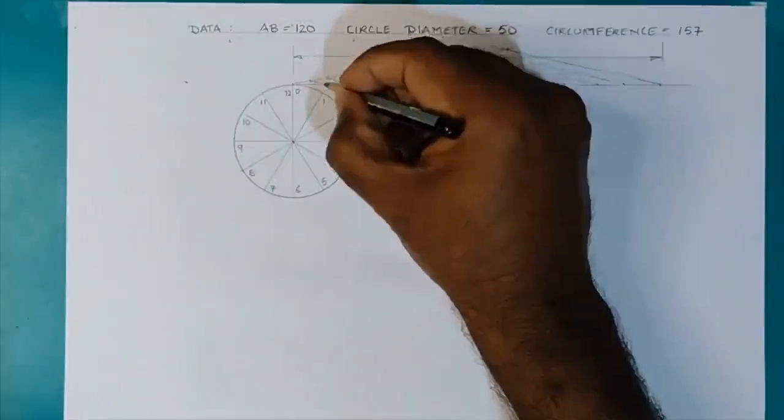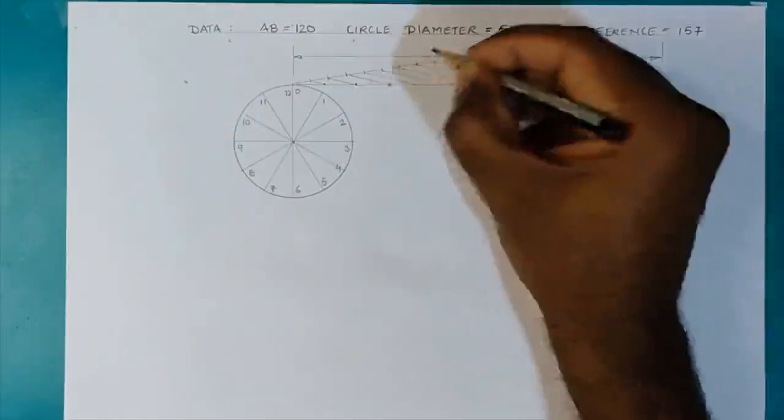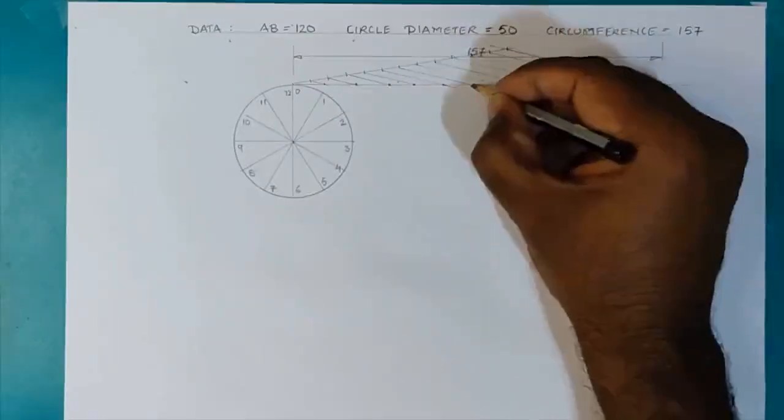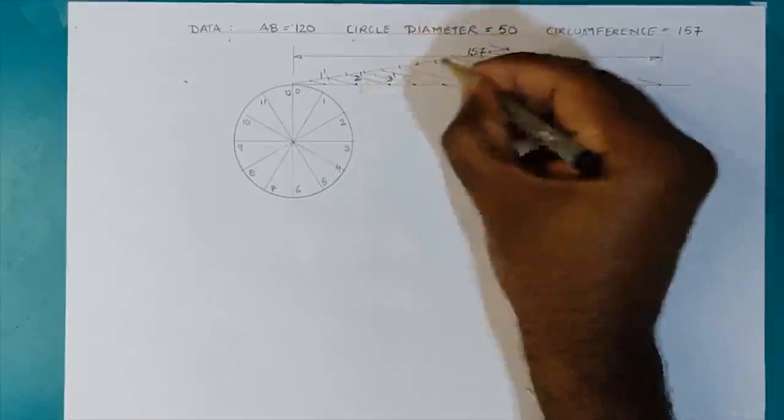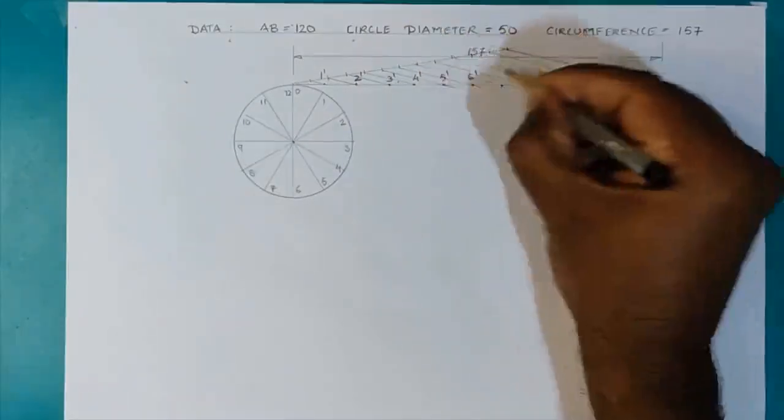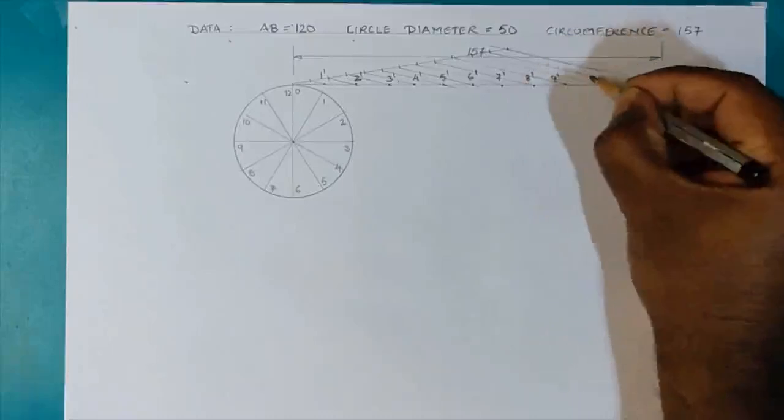So now I have found all the 12 points. So I'd be naming them in a sequence starting from the point of contact. So 1 dash, 2 dash, 3 dash, 4 dash, 5 dash, and so on up to 12 dash.